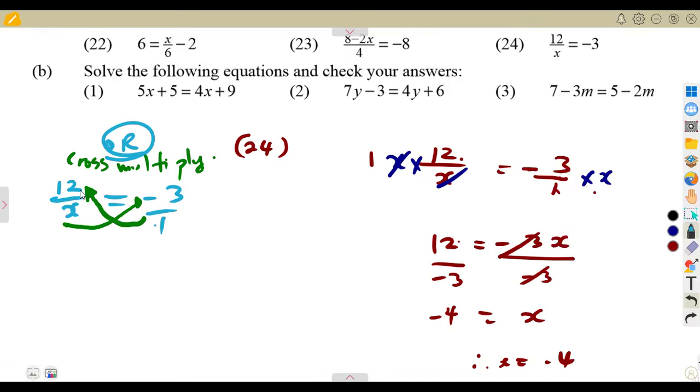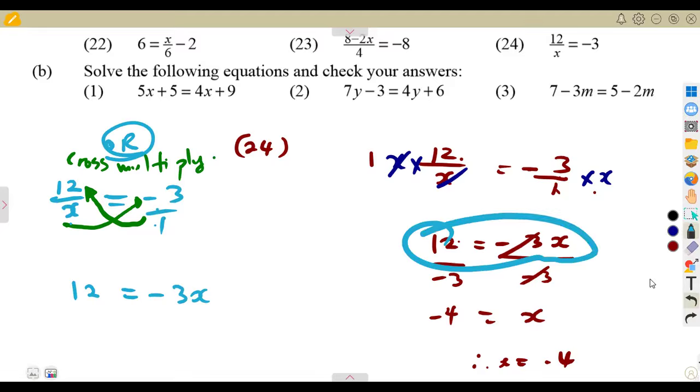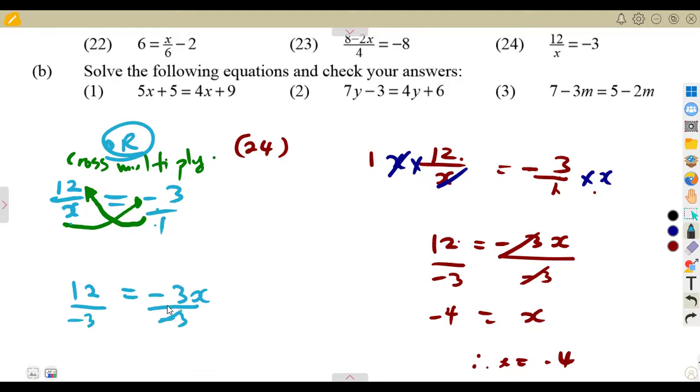That's 1 times 12, which is 12. And this is equal to x times a negative 3, which is negative 3x. That's cross multiplication. So as you can see, we're back to this stage. 12 is equal to minus 3x. Divide by negative 3, divide by negative 3, we have got the value of x. So x is going to be what? 12 divided by negative 3, that's a negative 4. Just like that.